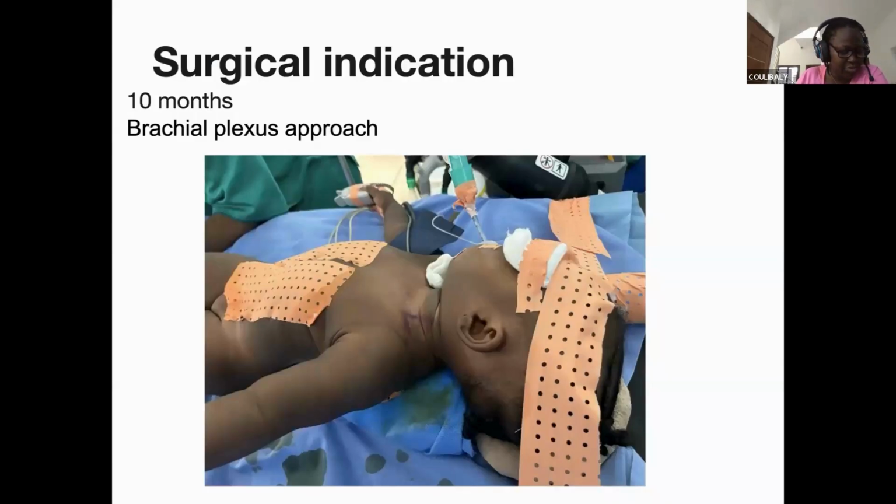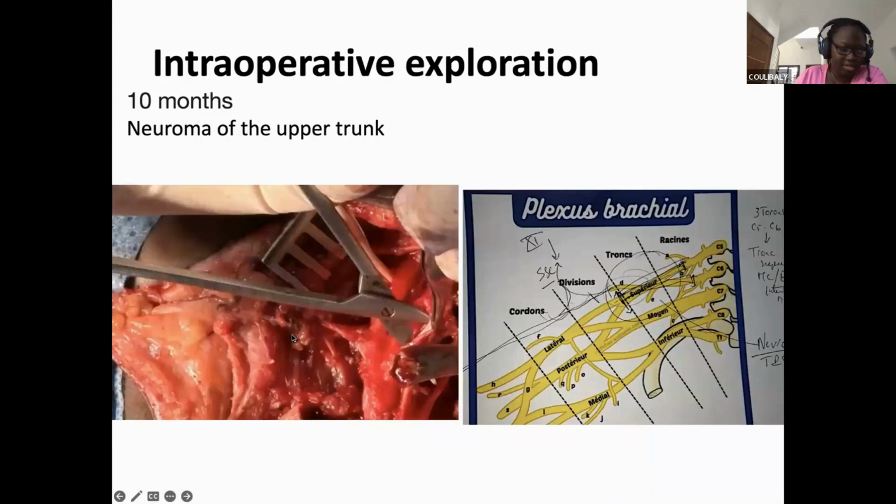We performed it with a supraclavicular brachial plexus approach. Intraoperatively, we found a neuroma of the upper trunk in this area.